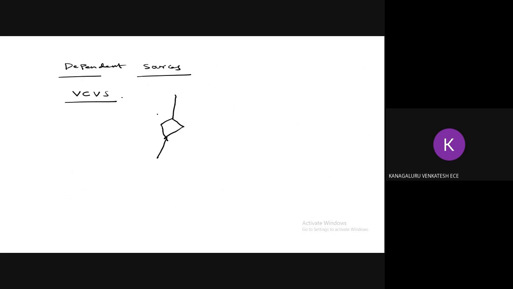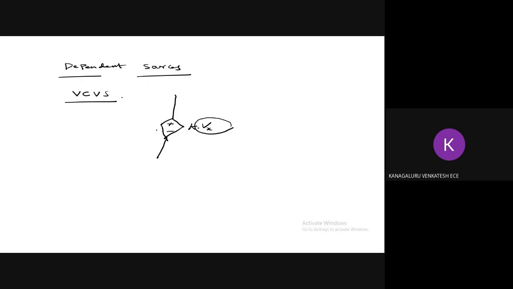Since it is a voltage source, it is like a battery with plus and minus, but the controlling parameter is again a voltage. So some constant value multiplied by the controlling parameter voltage. From this symbol, I can understand that it is a dependent voltage source, but it depends on the voltage parameter.